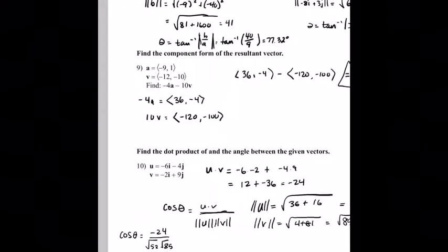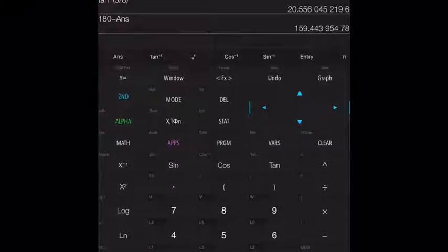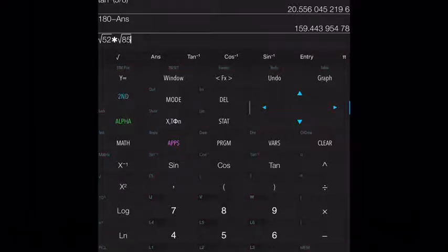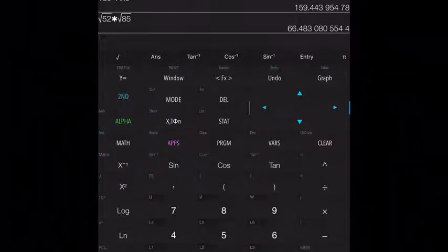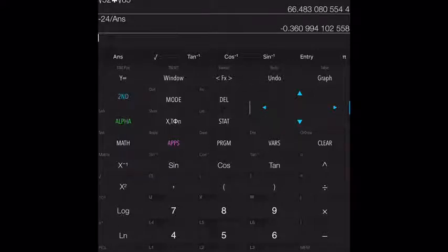So we've got to turn this into a number on a calculator and then take the inverse cosine of it. So I'm going to do the square root of 52 multiplied by the square root of 85. And then -24 needs to be divided by that value. And then we need to take the inverse cosine of that value.